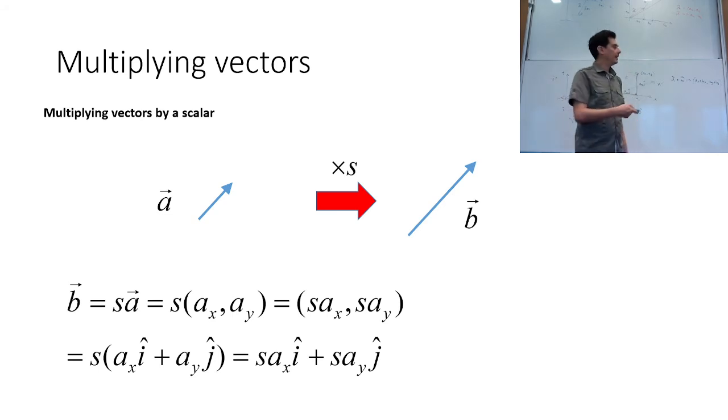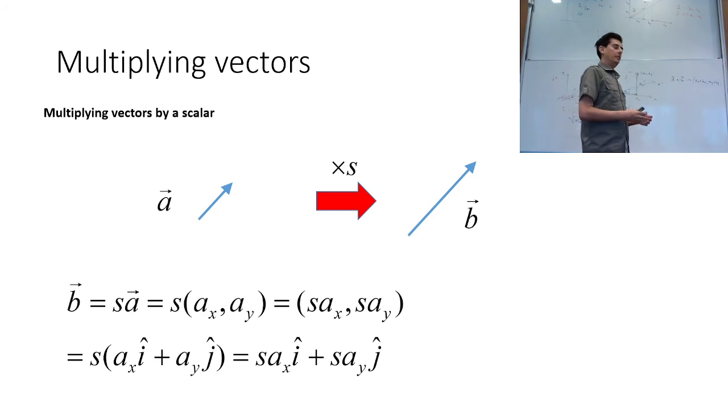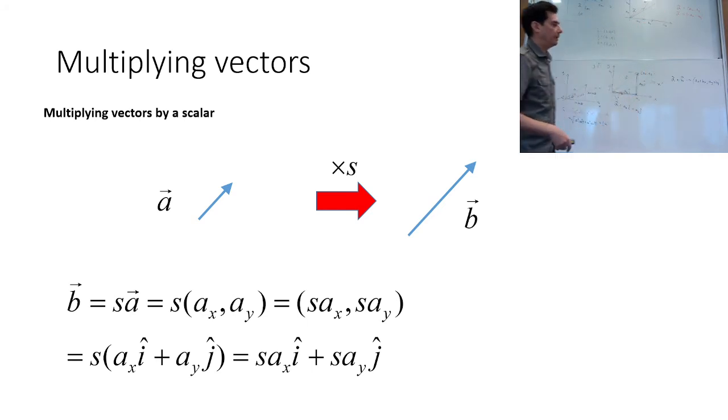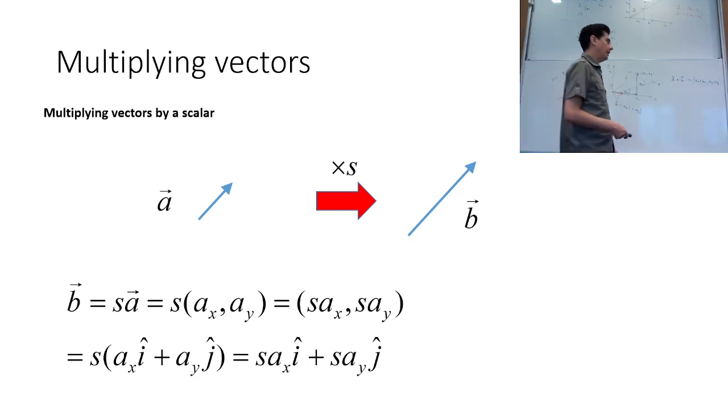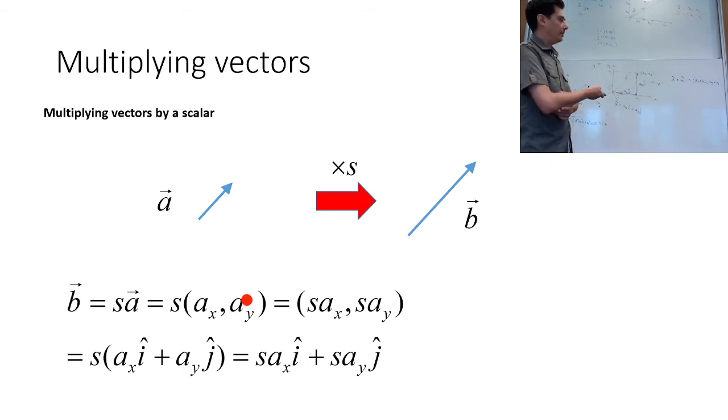If you multiply a vector by some number s, then you'll get basically the same vector, pointing in the same direction, but the length is going to be either longer or shorter, unless the factor of s is 1. Working this out in terms of components is easy. You simply multiply the components.